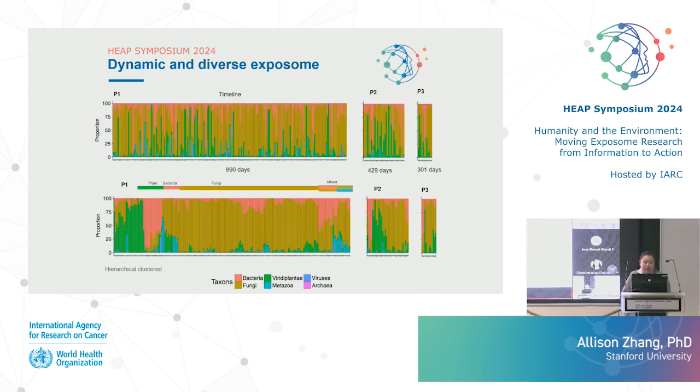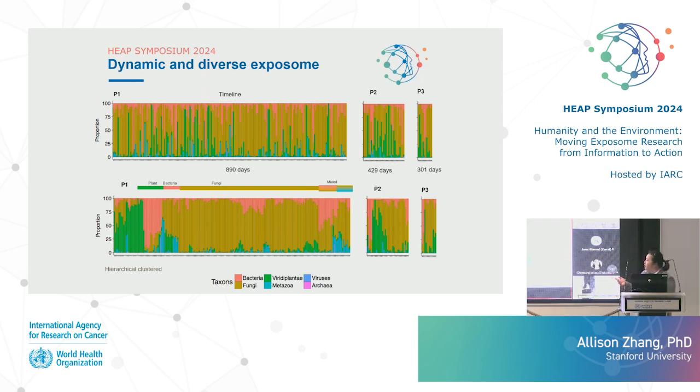This is a closer look at the composition of the exposome. The top row shows the exposome composition across each sample period. Each bar represents one sample, and the color represents the taxon. The amber color is fungi, the red one is bacteria, the green is plants, and the blue one is metazoa. If you just look at the top row, you will see different colors popping up, showing a very diverse exposome composition.